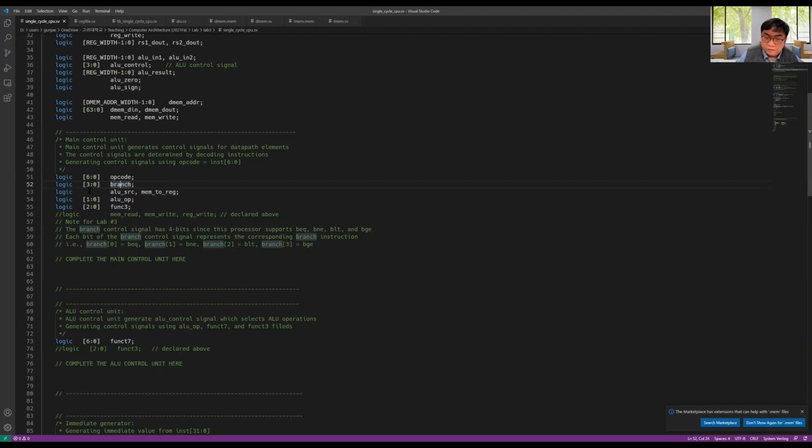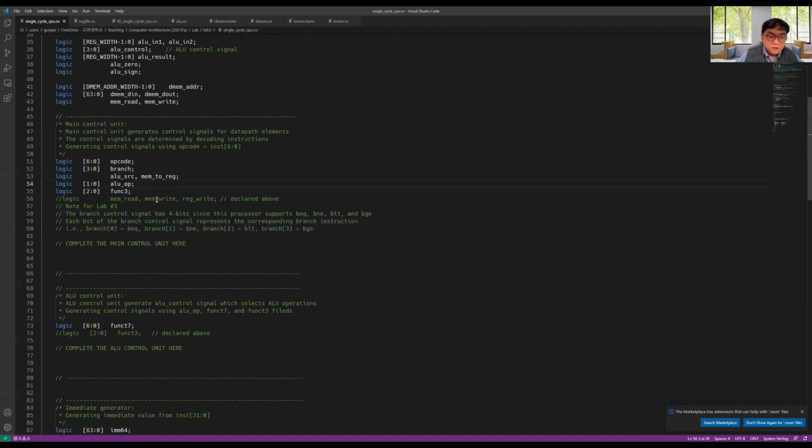Each bit represents the corresponding branch instruction: BEQ, BNE, BLT, and BGE. If you see this comment for the branch control signal, I believe you can understand how to implement it. It's a little bit different from the single cycle processor in the textbook.